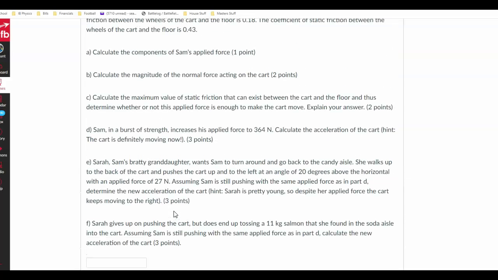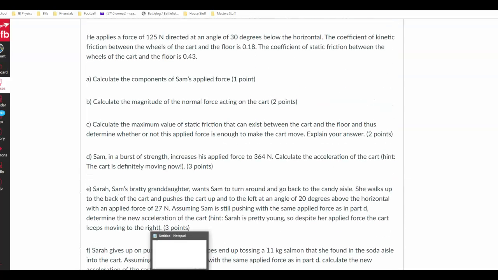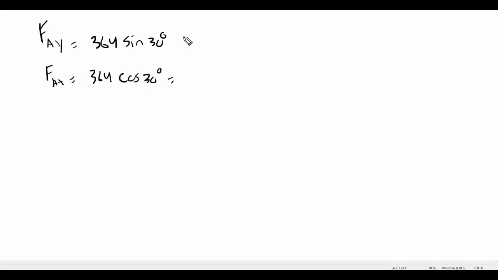Alright, so I'm going to switch over to Notepad for just a second so I have more space. Now, the FBD is the exact same. I don't want to redraw it, but I do want to tell you that you have to recalculate some things. So FAY is now going to be 364 sine 30 degrees, and FAX is now going to be 364 cosine 30 degrees.